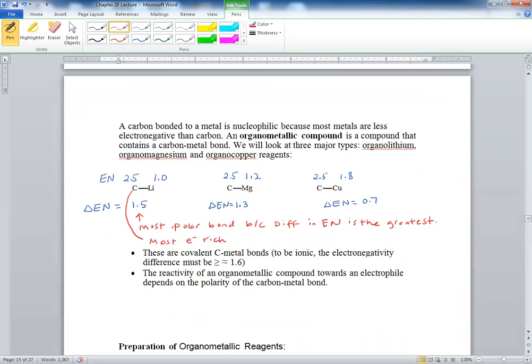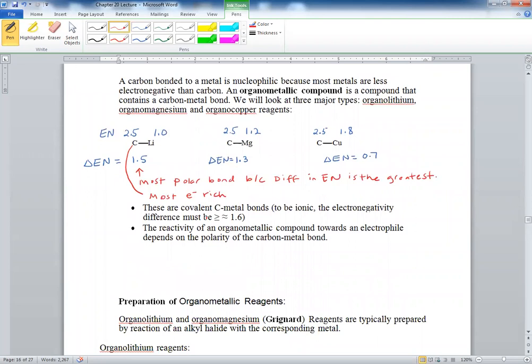Very well. These are covalent carbon metal bonds. To be ionic, the electronegativity difference must be over 1.6. The reactivity of an organometallic compound towards an electrophile depends on the polarity of the carbon metal bond.